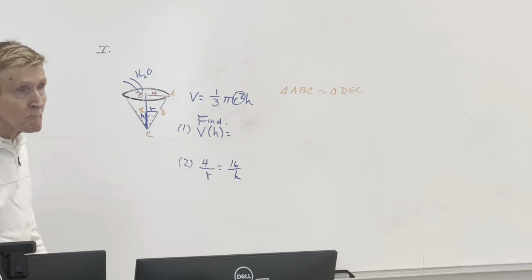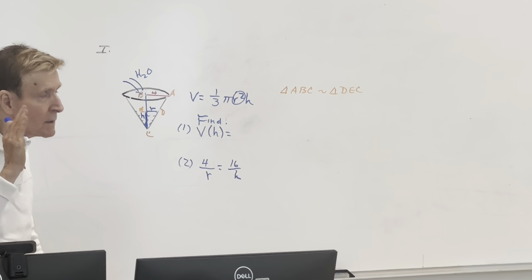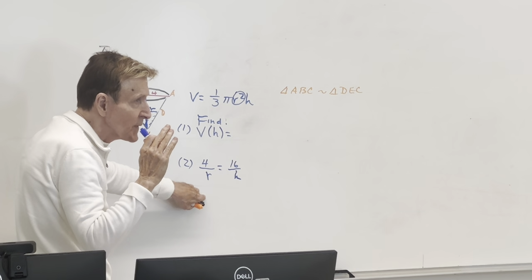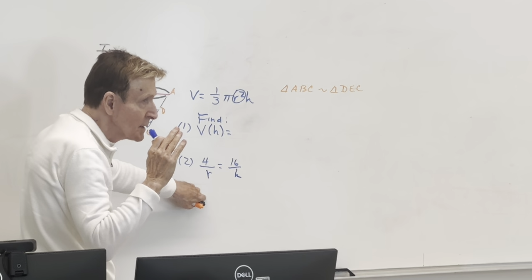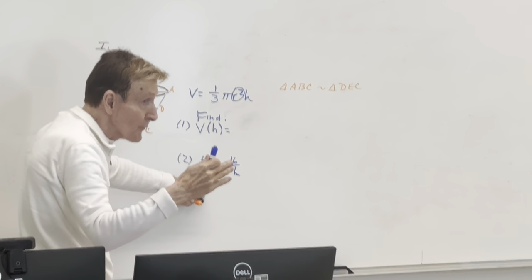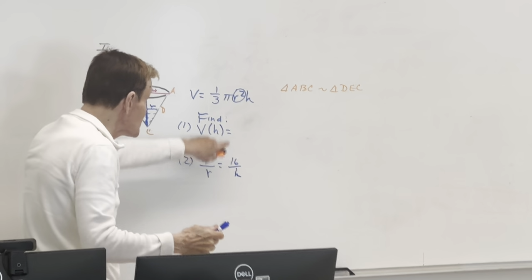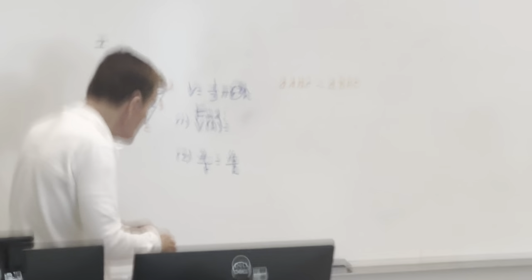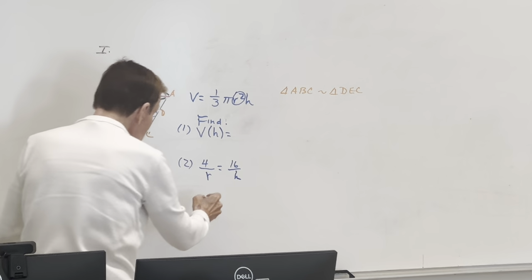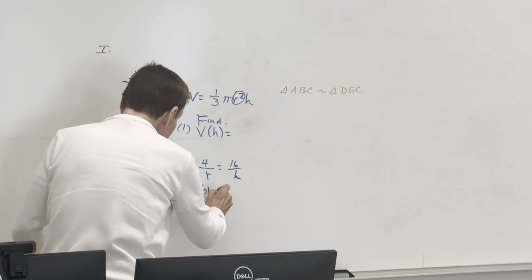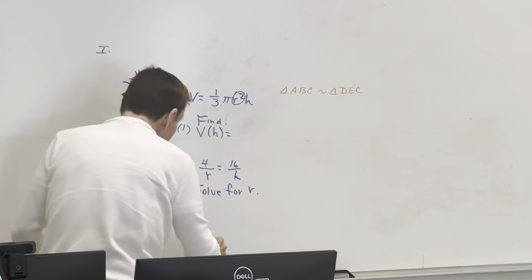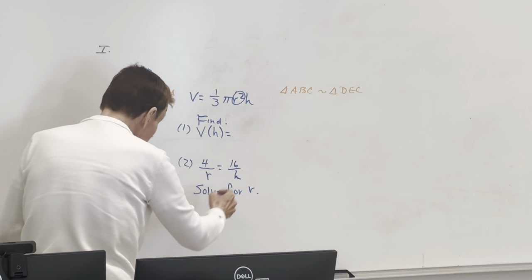Maybe you start by backing out an R. Down here you could just cross multiply. Could I solve for R down here? Yes. If I get R all by itself and solve for R, then I take that back and substitute it. So in step 2, we'll solve for R. I'm going to do a quick cross multiplication or a common denominator, it's up to you.